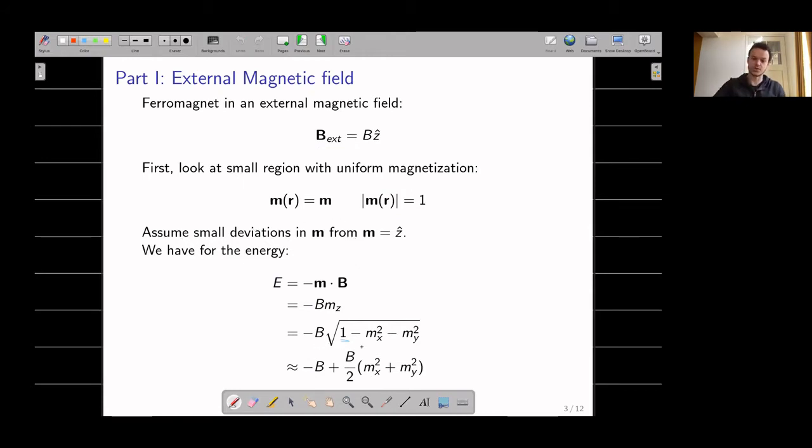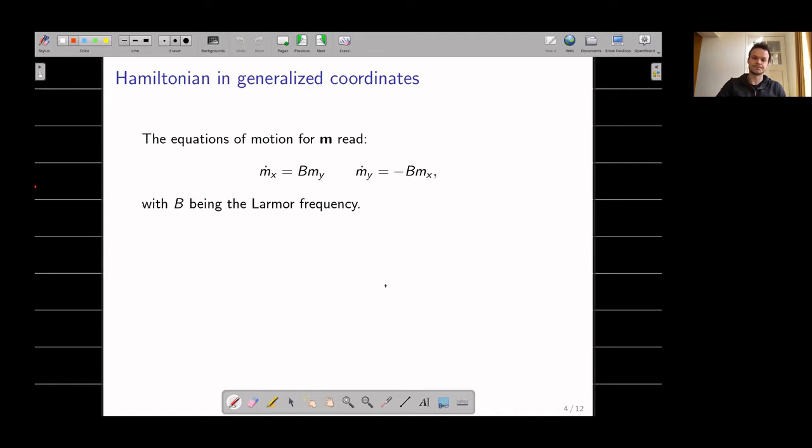To assume small deviations means that mx squared and my squared will be small. So we end up with the following form. We have a constant term, and this is done by just a Taylor expansion of the square root of 1 minus something small.